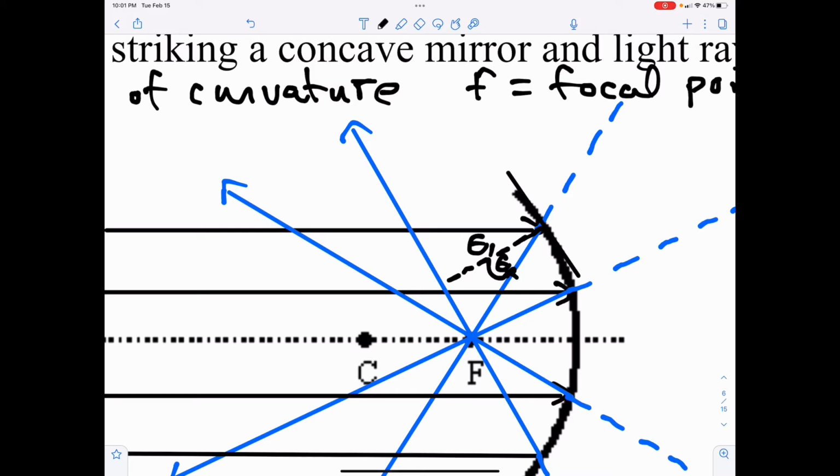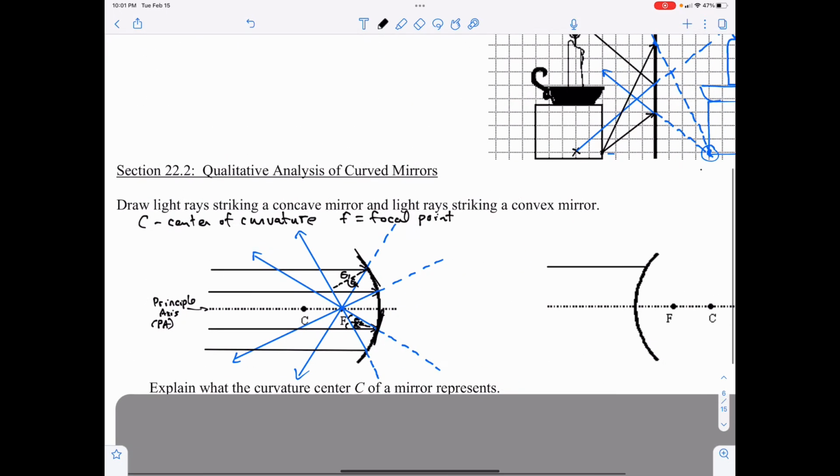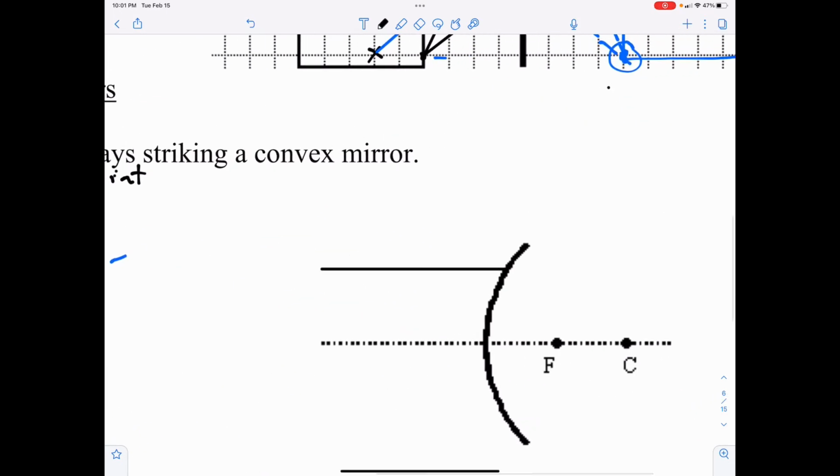In every instance. If I looked at this one here, here's my tangent line, here's my normal to the tangent, theta i equals theta r. Okay, it's the law of reflection. Well, the law of reflection would apply in this instance too.